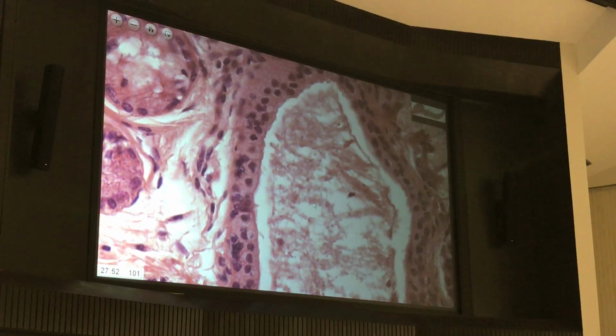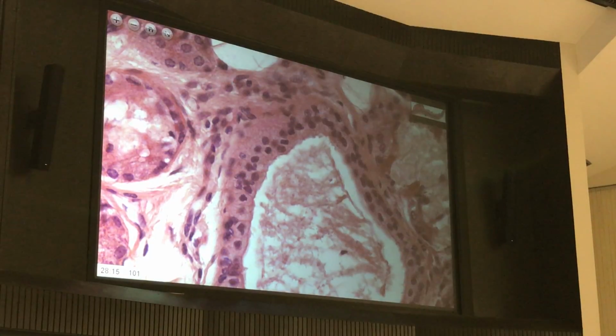You have to think of these as continuums. Usually if you're saying a duct, it will start out simple cuboidal, then it will go stratified cuboidal, and then it will progress to a stratified columnar. So there'll be times when you'll say, I don't really know what this is. It looks like in between, and it might be. So we'll give you very classic looking ones.